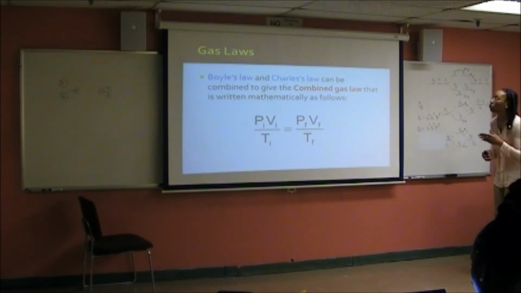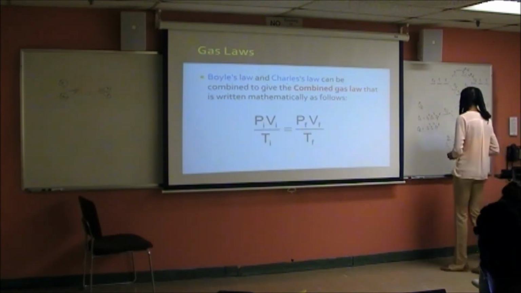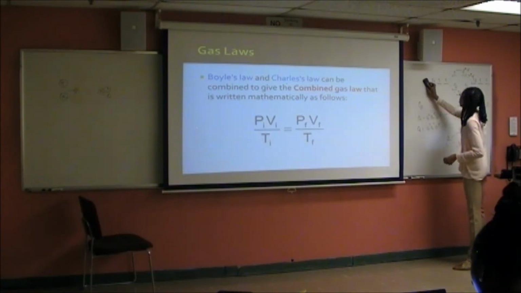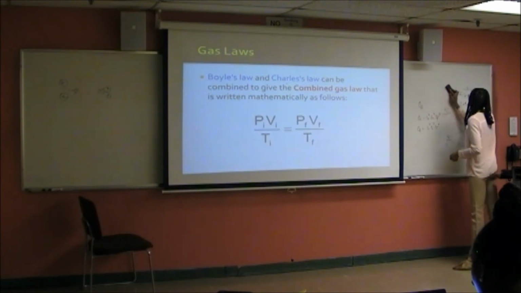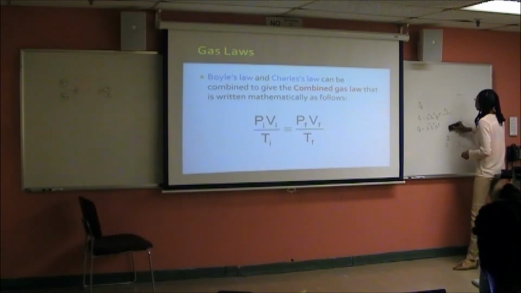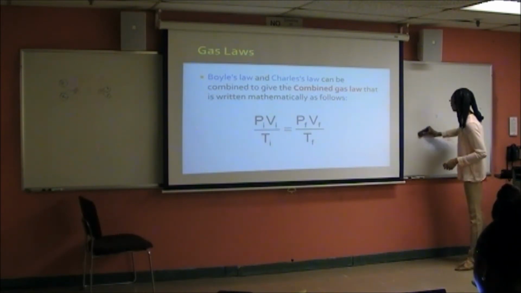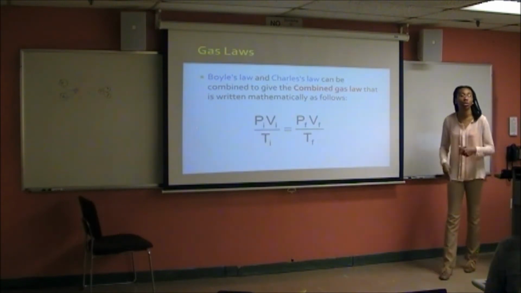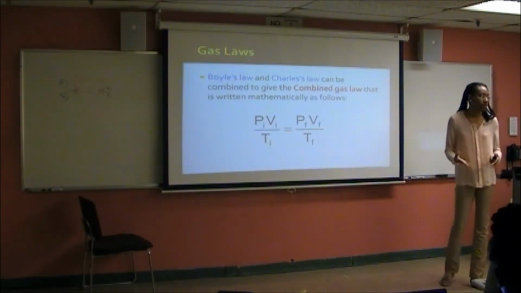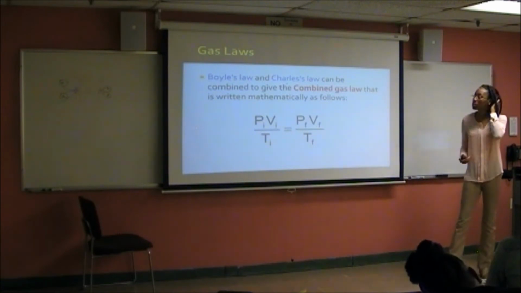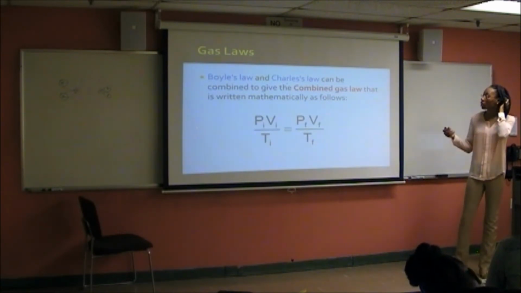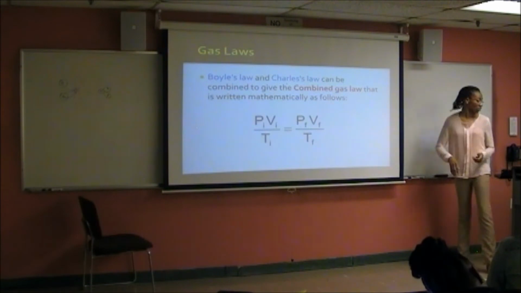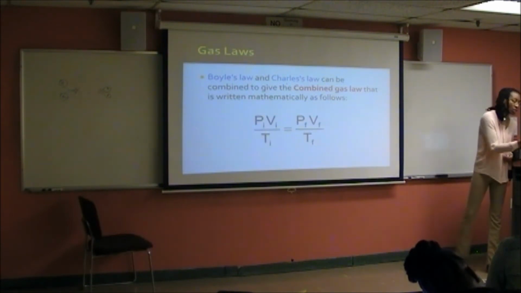Then you have Boyle's and Charles's and Gay-Lussac's combined together. This gives you the combined gas law. With the combined gas law, you take into consideration how, if you vary your initial conditions, exactly is it going to end up at the end? Your final conditions depend on your initial conditions.